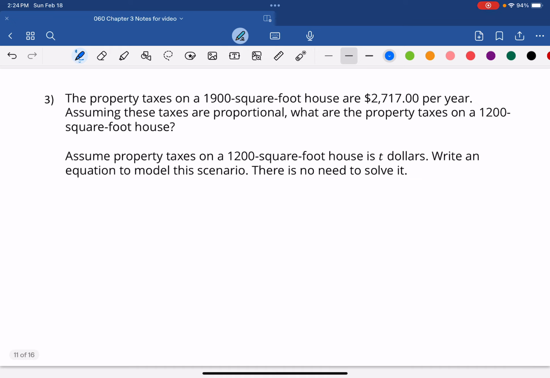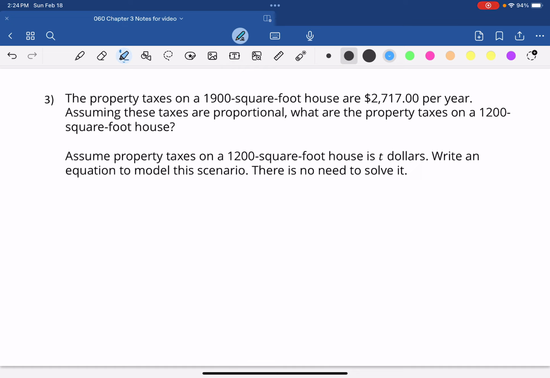In some situations, your proportion is given to you as a word problem, and you need to pull out the information to help you create your proportion. This one says the property taxes on a 1,100 square foot house are $2,717 per year. Assuming the taxes are proportional, what are the property taxes on a 1,200 square foot house?